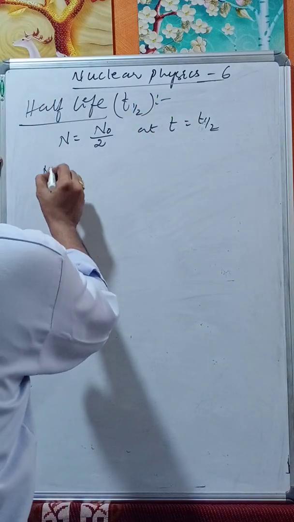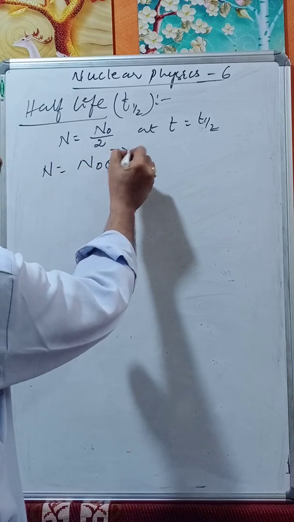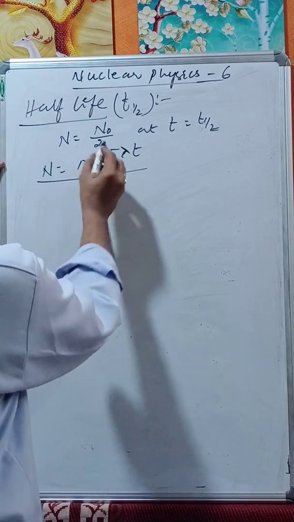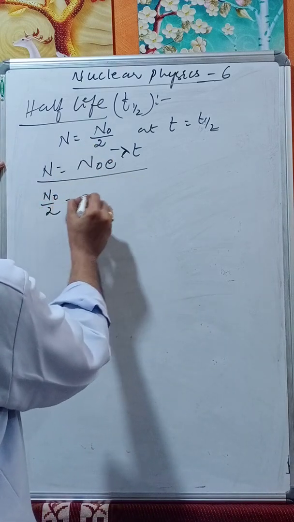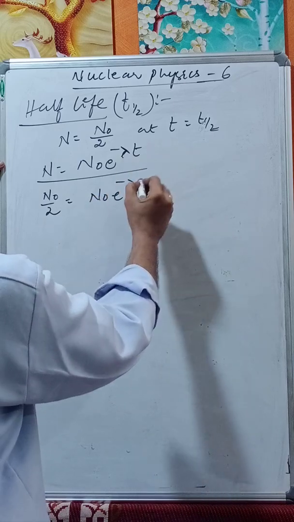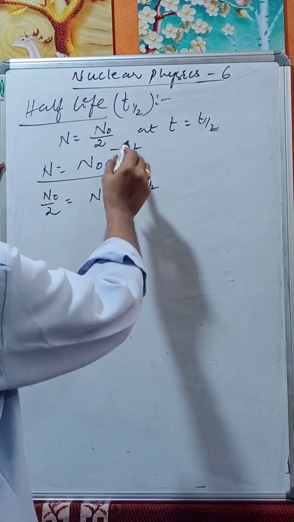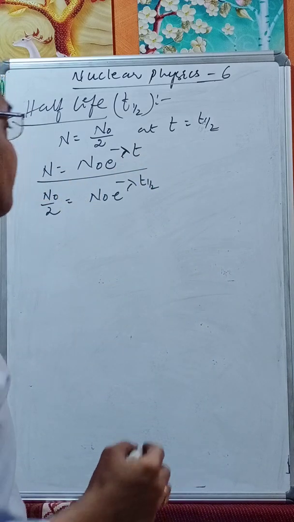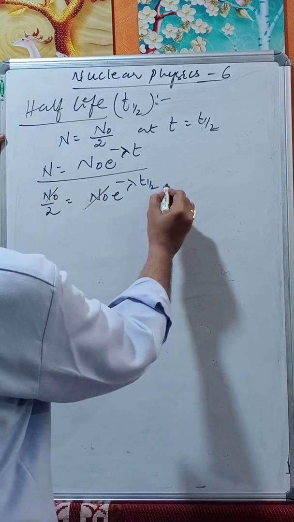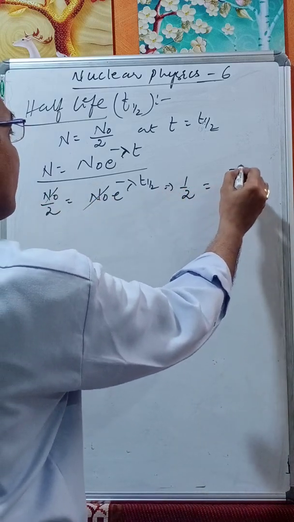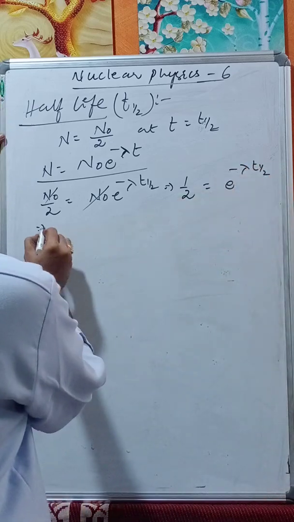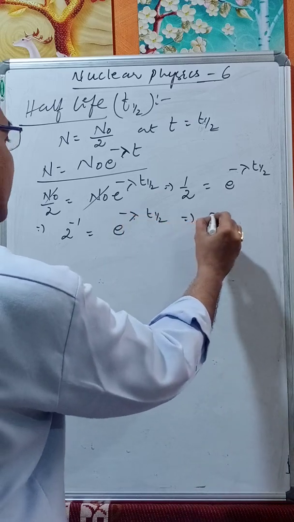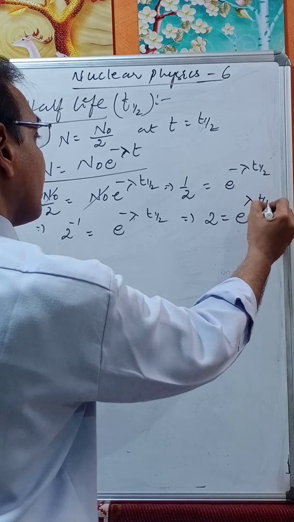Now we have N is equal to N naught e power minus lambda t from the radioactive decay law. If you put t equal to T half, N becomes N naught by 2. N naught cancels. This implies 1 by 2 is equal to e power minus lambda T half, so 2 power minus 1 is equal to e power minus lambda T half, so 2 is equal to e power lambda T half.